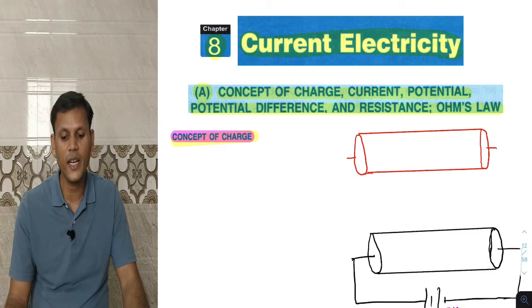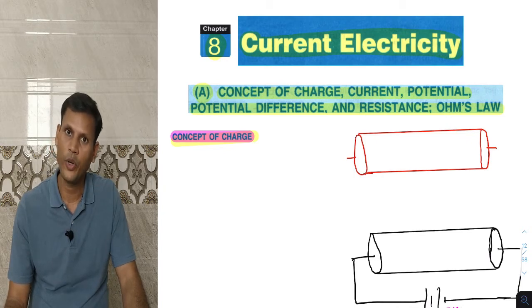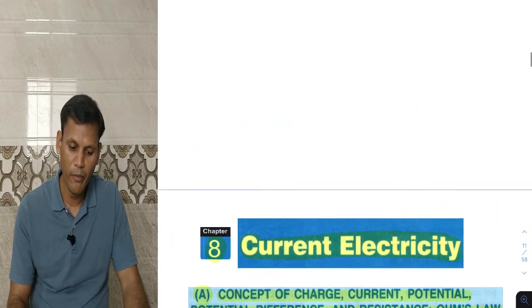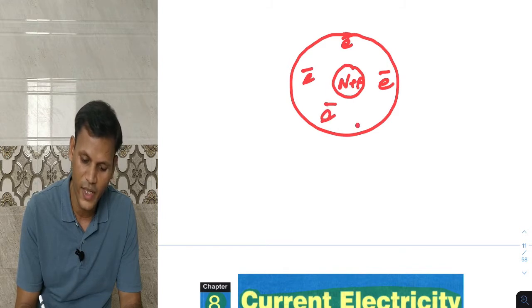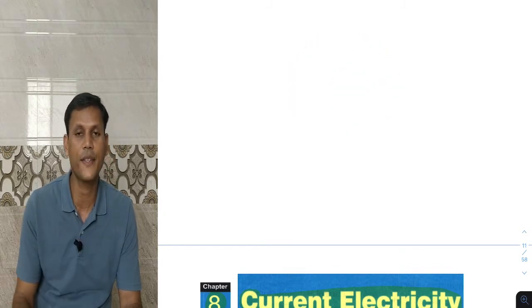Already we know what an electron, a proton and a neutron are. An atom consists of a heavier part called the nucleus. Inside the nucleus there are neutrons and protons, and around the nucleus electrons are revolving. So this is the structure of an atom.